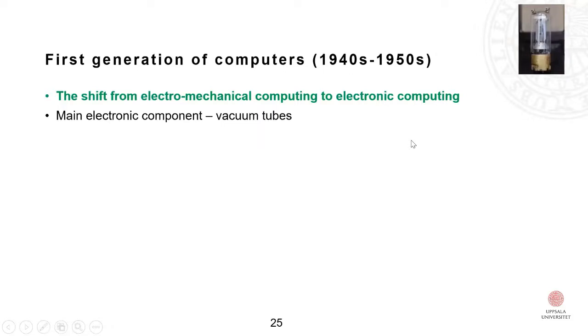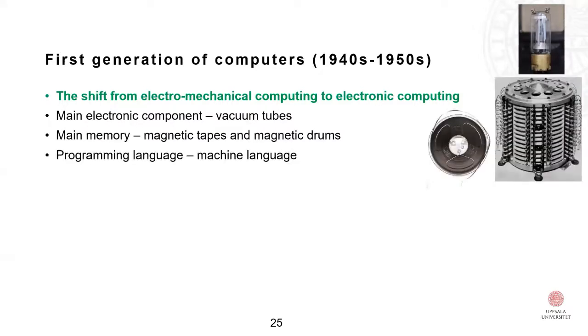So of course, the main electronic component in this generation inside the circuits of the computer was vacuum tubes, and the memory and all other aspects of computers have evolved between these generations. So we will take a quick look at all these different aspects.